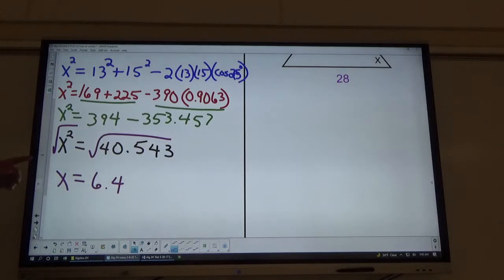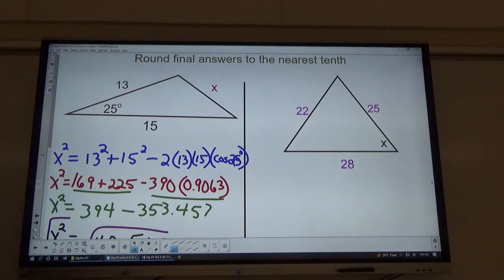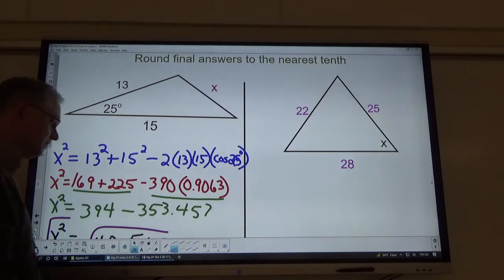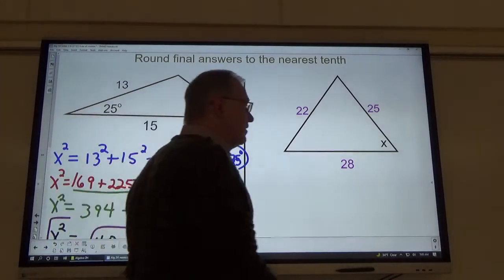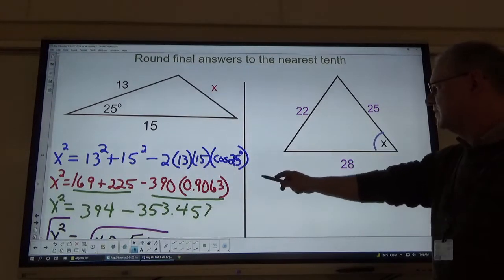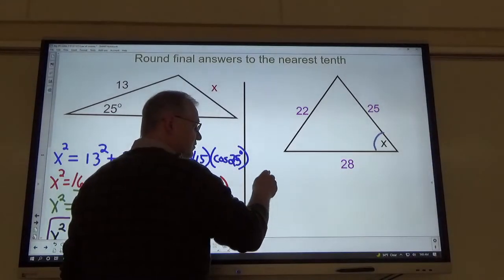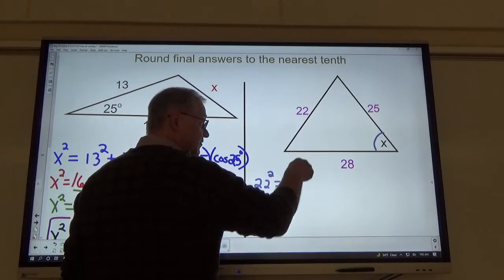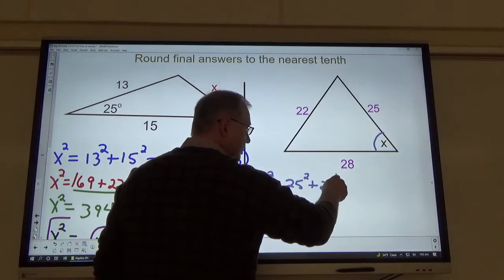Now, I'm going to do the same law of cosines, but this time I have 3 sides and no angles, and I'm trying to find a particular angle. In this particular case, the angle I'm looking for is this one right here. So the side across from it is what's on the other side of the equal sign. So 22 squared equals the other 2 sides, 25 squared plus 28 squared.